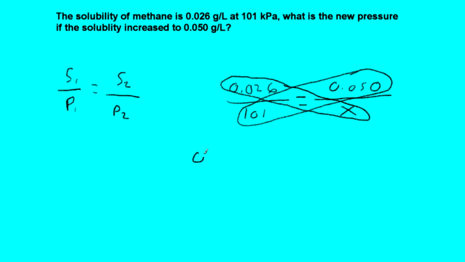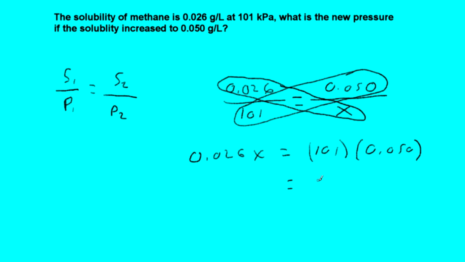So we have 0.026x equals 101 times 0.050. This becomes 5.05 equals 0.026x. Divide both sides by the number next to your x.